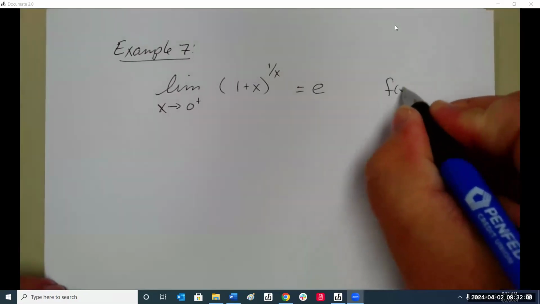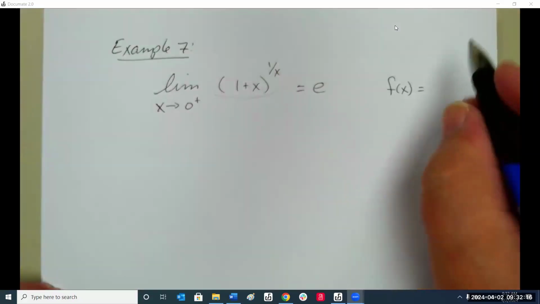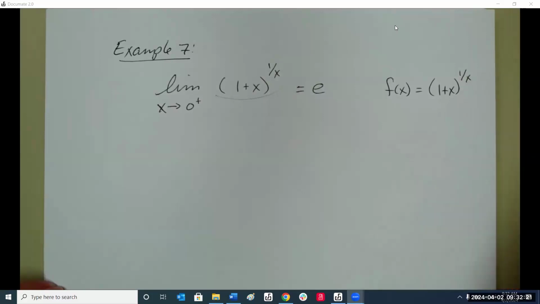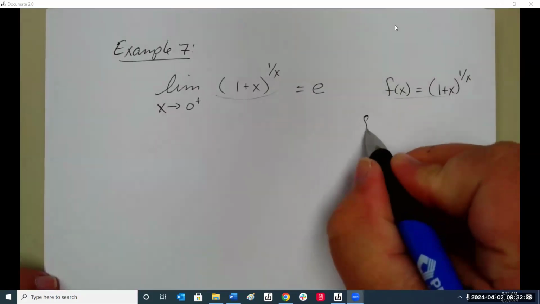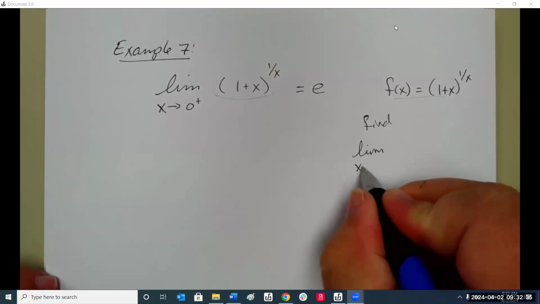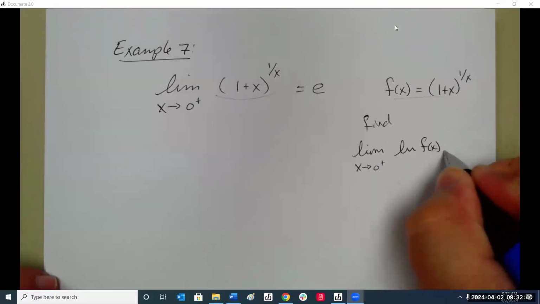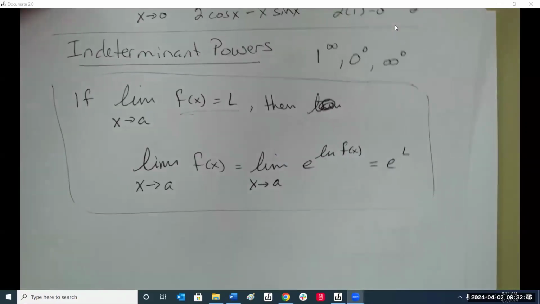So what's f of x? F of x is this function part. So we define that, and we have to find the limit as x approaches 0 from the right of ln of f of x according to this.